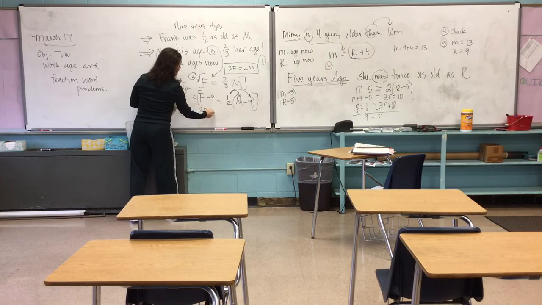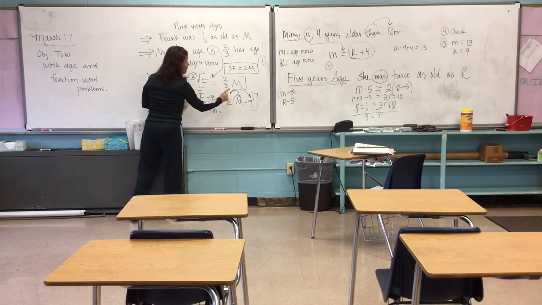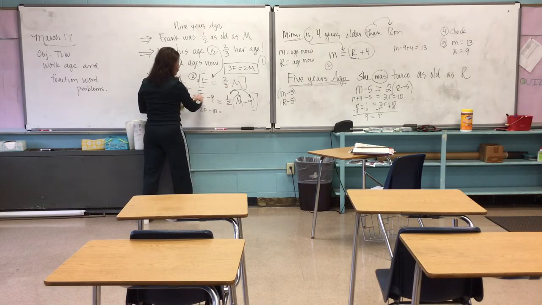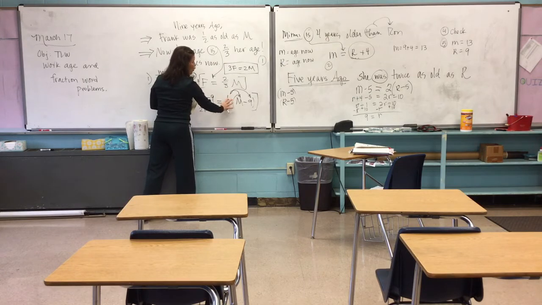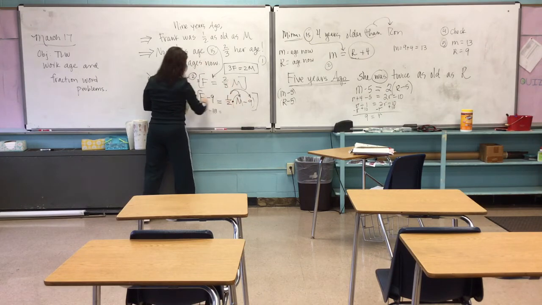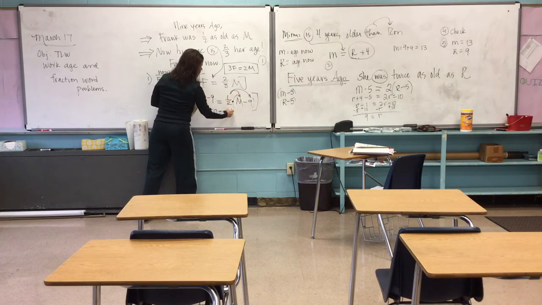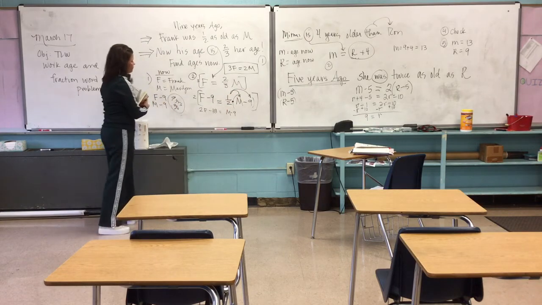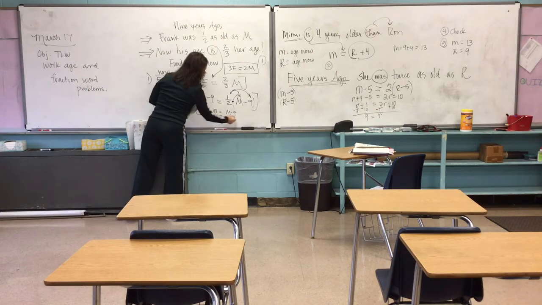2f minus 18 equals, remember over here, the 2 times the 1/2 is gone. Don't distribute it to this and to this. Remember, these are factors, not terms. So I'm multiplying this 2 times this 1/2, it's gone. And I'm left with, over there, m minus 9. So here are my 2 equations.